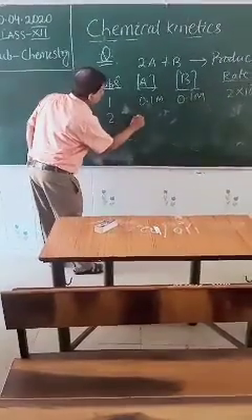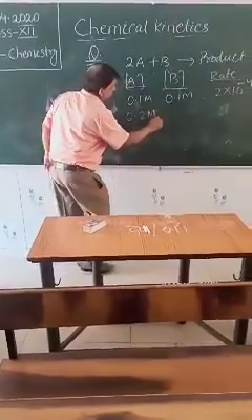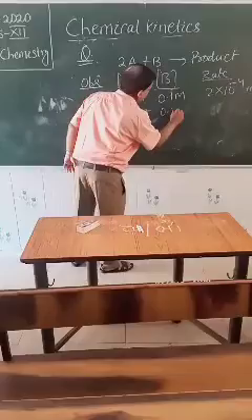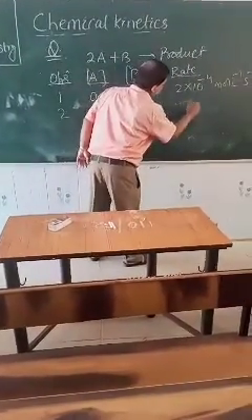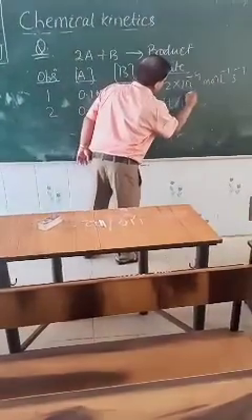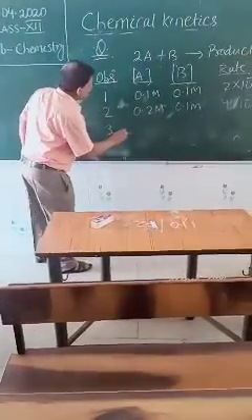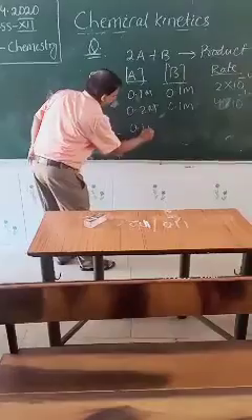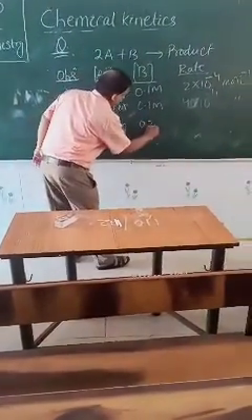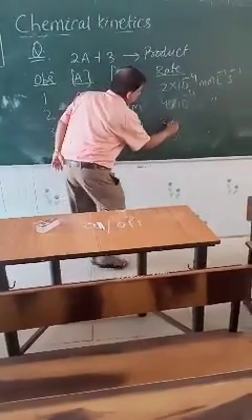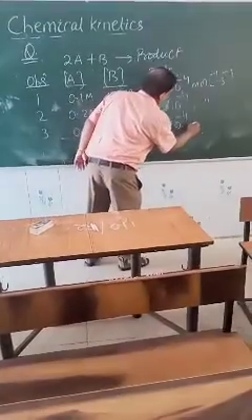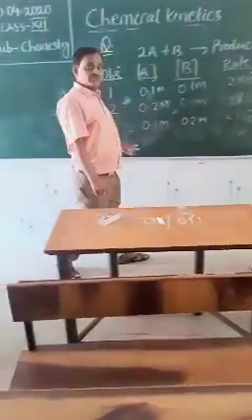Observation 2: A is 0.2 M, B is 0.1 M, and the rate is 4 into 10 to the power minus 4 mole per liter per second. Observation 3: A is 0.1 M, B is 0.2 M and rate is 2 into 10 to the power minus 4 mole per liter per second.